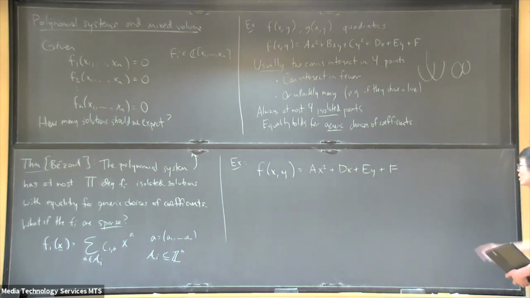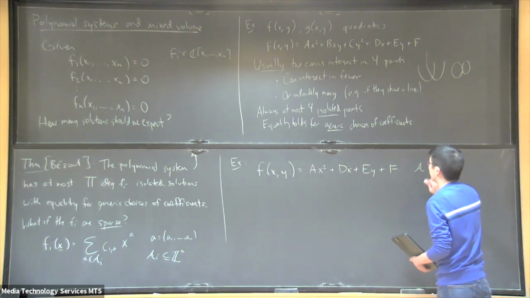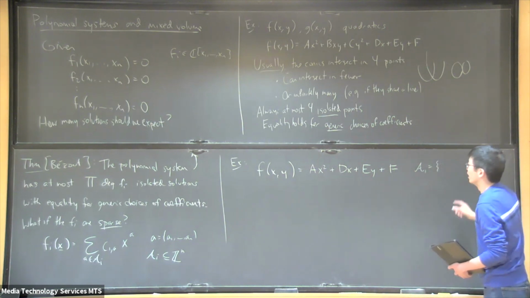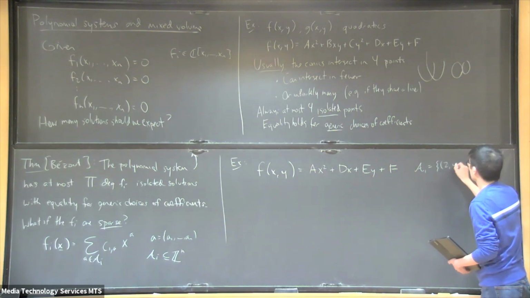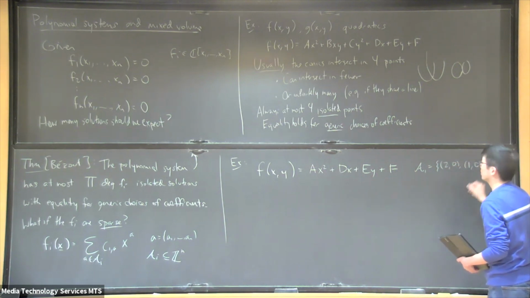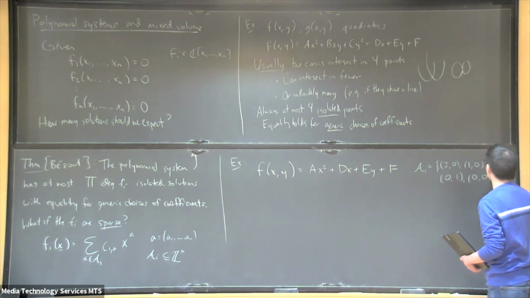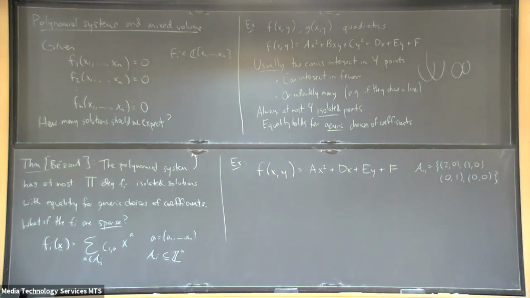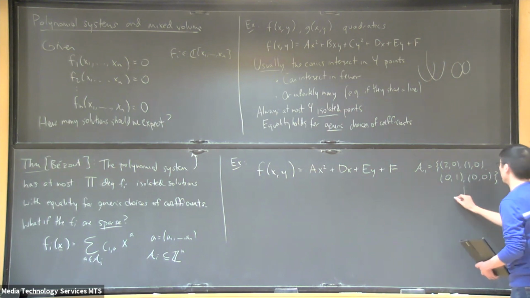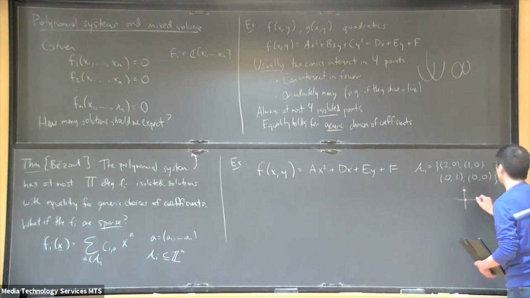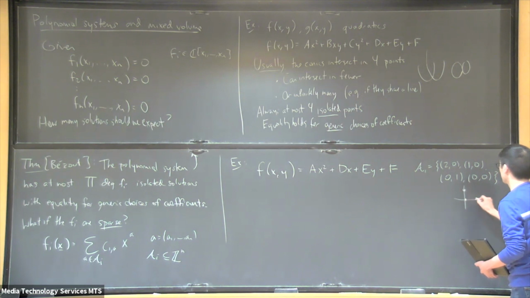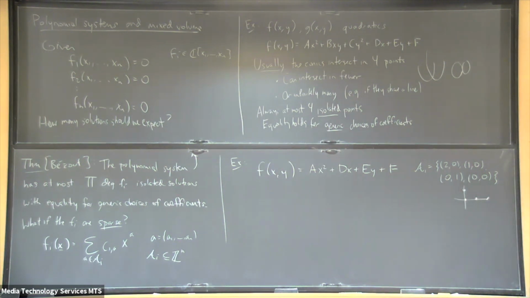Here the support, a1, is the set (2,0), (1,0), (0,1), and (0,0). If I were to draw it, it would look something like this triangle: these 4 points in this triangular shape.